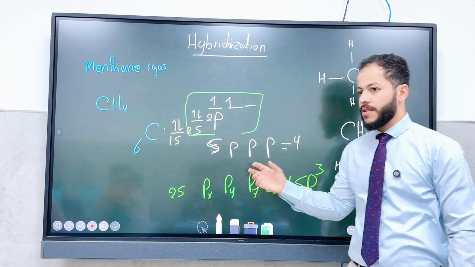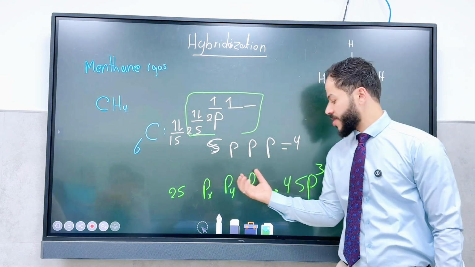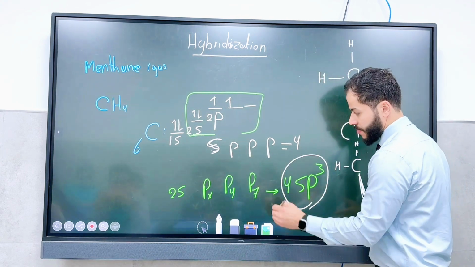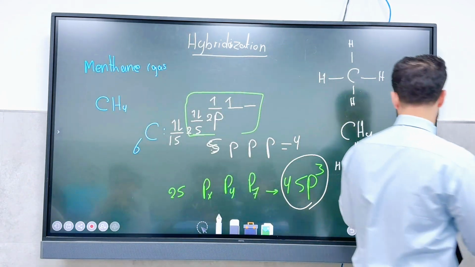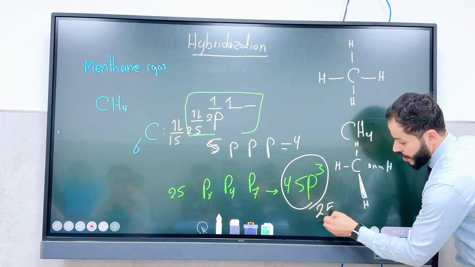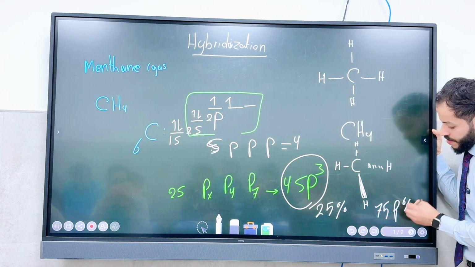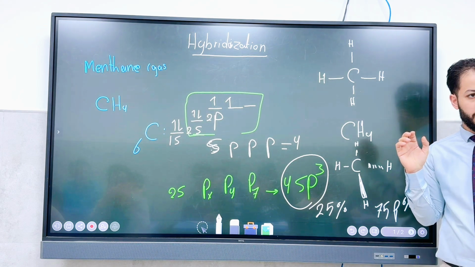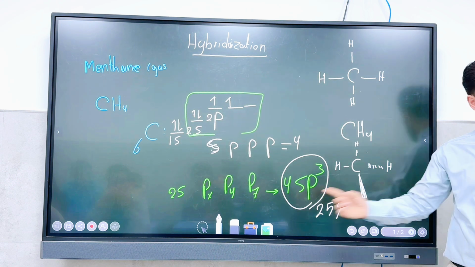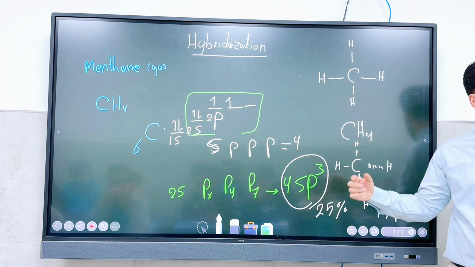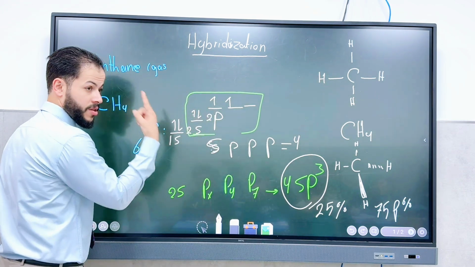How does that happen? These hybridized orbitals we name sp3; they have the characteristics of an s orbital with 25% and 75% of p orbital characteristics. How did you get sp3, the type of hybridization? How many s orbitals do we take? 1 s.